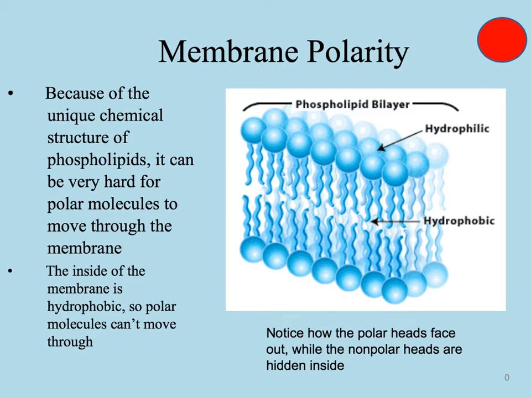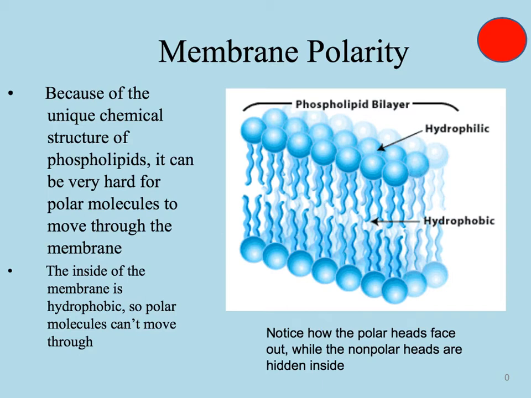Also, the particles that move through this region would have to be nonpolar. It means it cannot have a charge. So in order to go directly through the phospholipids, the particle would have to be small enough to fit through and also have basically no charge. Because remember, if it has a charge, it's going to be repelled by this nonpolar piece. So if it's small enough and nonpolar, does not carry a charge, it can move directly through the phospholipid.